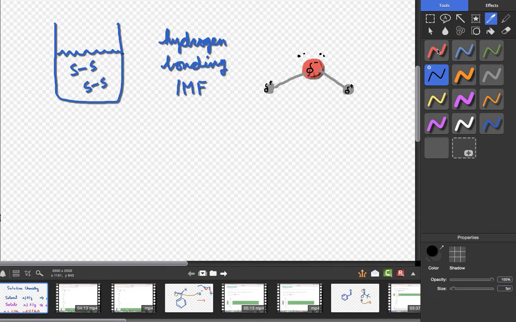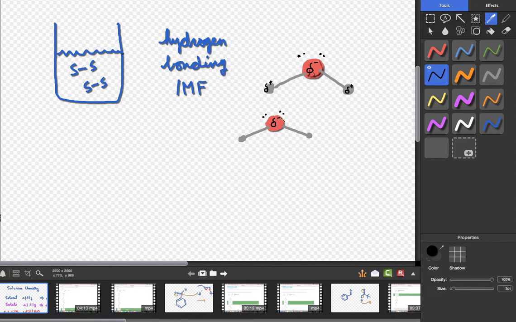And so if we have a second water molecule, the thing to remember here is that oxygen's pretty small, so it can get to within about 2 angstroms of this partial positive charge.